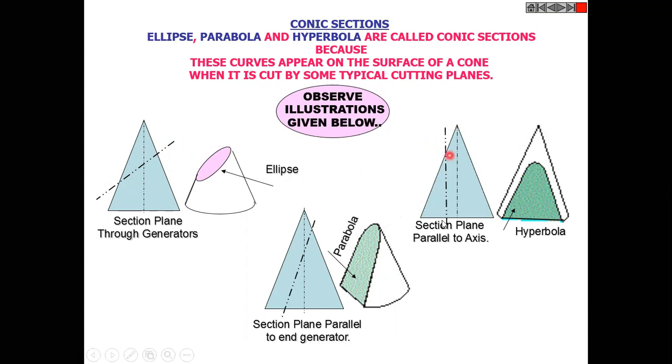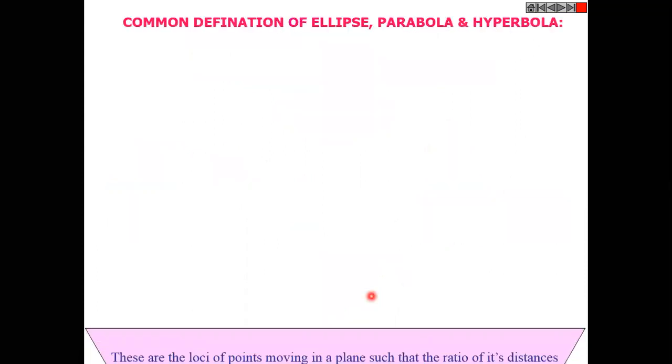If the cone is cut by a section plane parallel to the axis, it gives a hyperbola. If a cone is cut by a plane parallel to its end generator, it gives a parabola. So these are the types of conic sections.